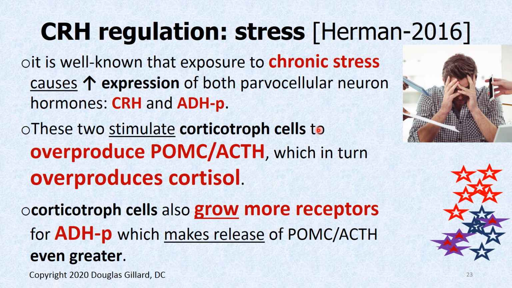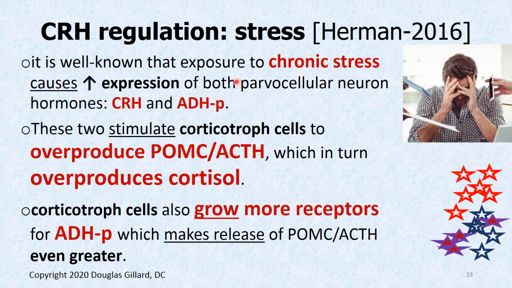All right, we should mention stress here a little bit. It is well known that chronic stress will drive the release of cortisol. But how does that work? It stimulates stress, by a mechanism we don't completely understand. The stress causes the release of CRH and ADH-p about equally.